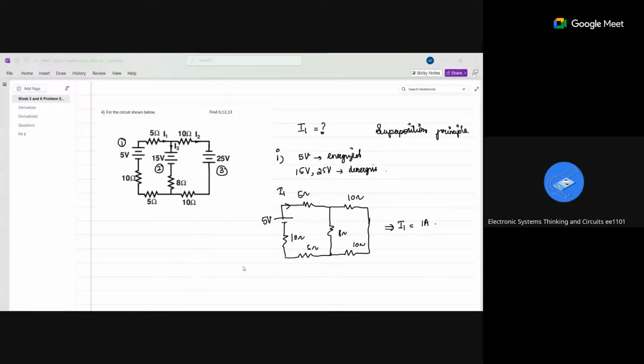Is it 1 ampere? Now I'm getting 0.05. Yeah, it will be 0.05, right? Yes, ma'am.